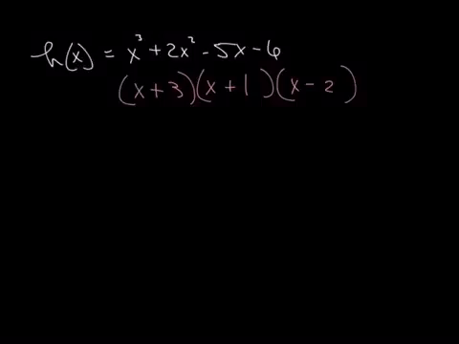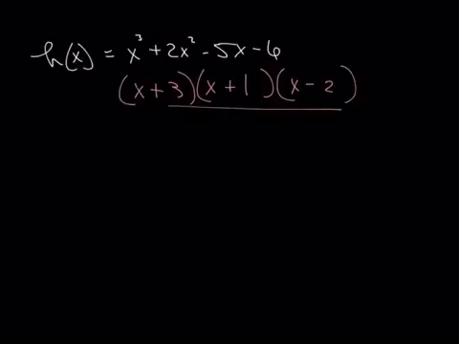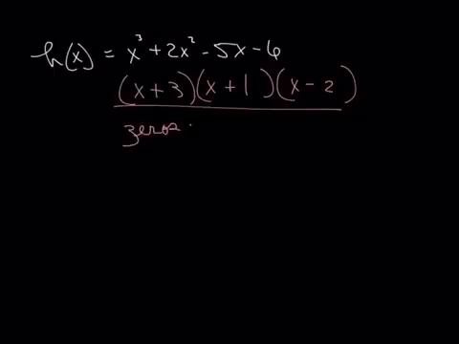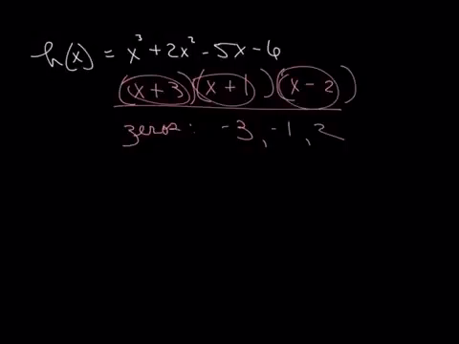Okay, so if we factored it down, once it's factored down, we can look and see what our zeros are. Our zeros are what makes this 0, makes that 0, what makes that 0. So these 3 points are where the graph crosses the x-axis.